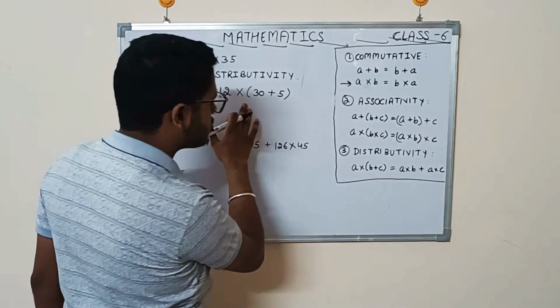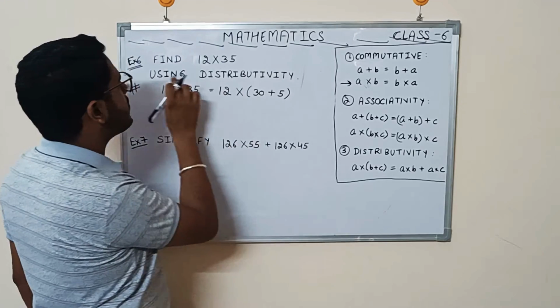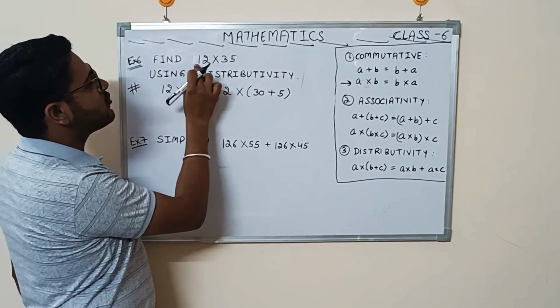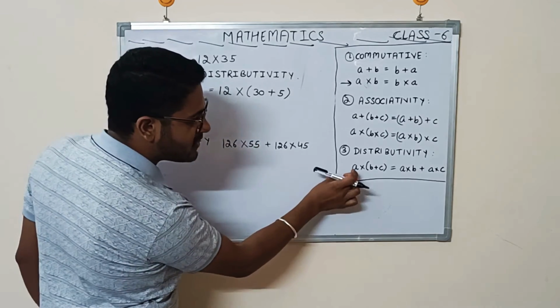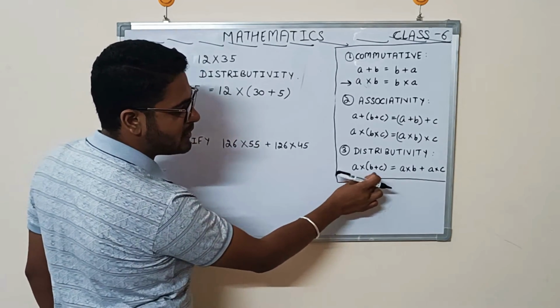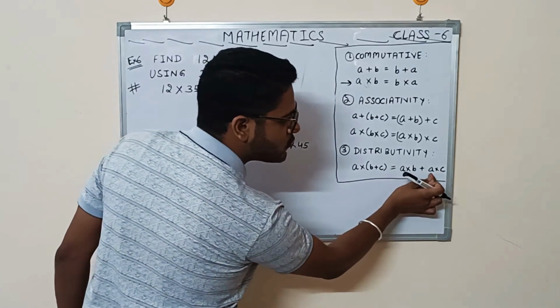Okay, so now let's apply distributive property, because our question says we need to find 12 into 35 using distributivity, right? And what is distributivity? A into B plus C is equal to A into B plus A into C.